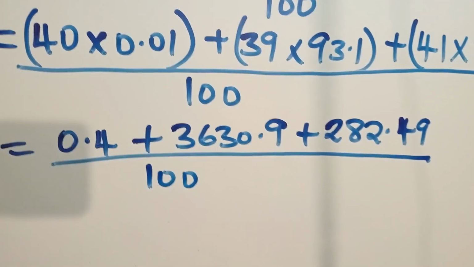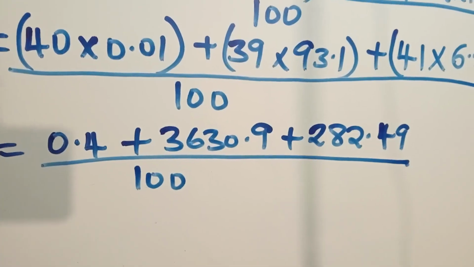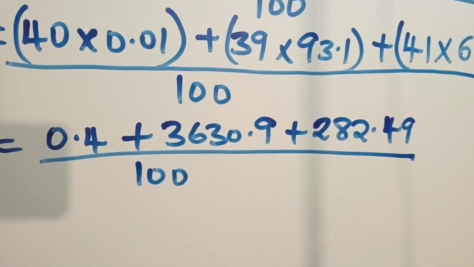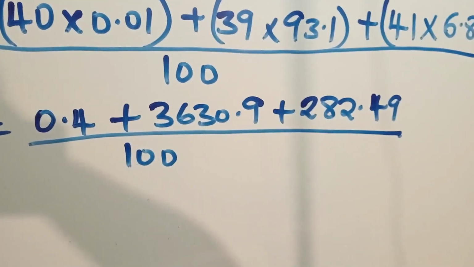And I hope you have your own calculator so that we can be on the same page, all of us. So I hope that is what you have in your calculator.